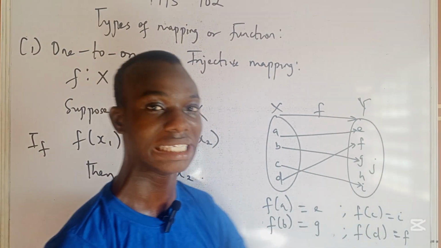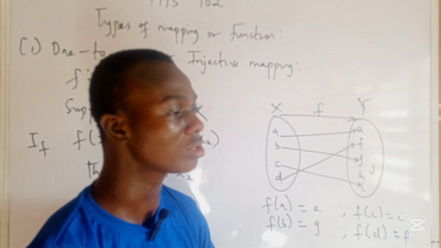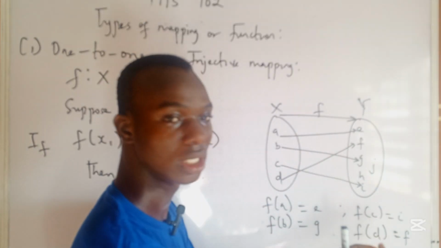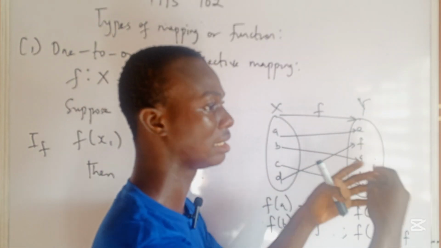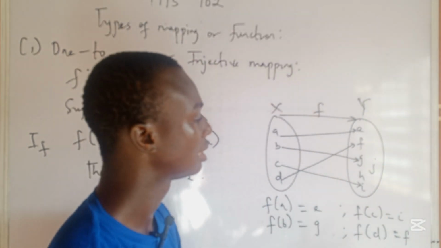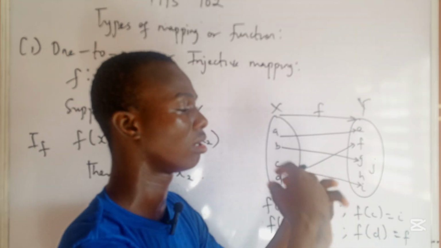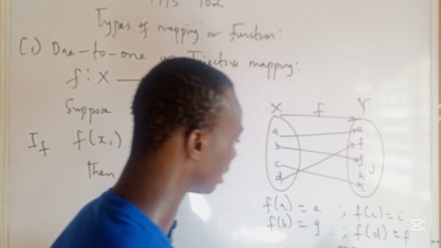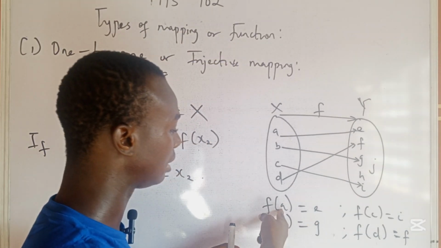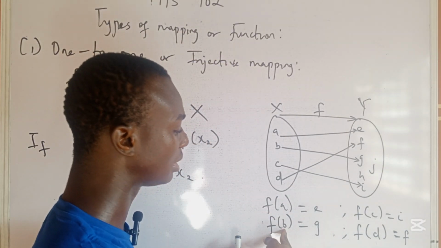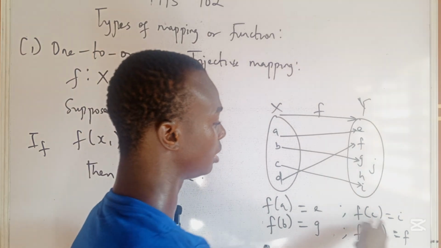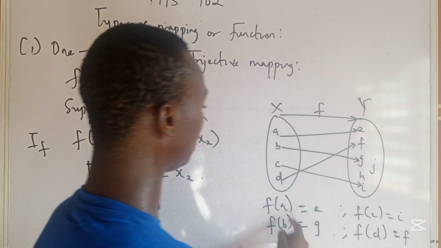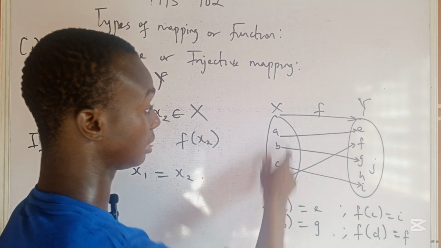We talked about range and image. I told us that the range is a subset of the codomain, a set in which all the elements can be found in the codomain. Look at this: a is a pre-image, the image is e. b is a pre-image, the image is g. c is a pre-image, the image is i. d is a pre-image, the image is f. Suppose I have a and b inside this domain.